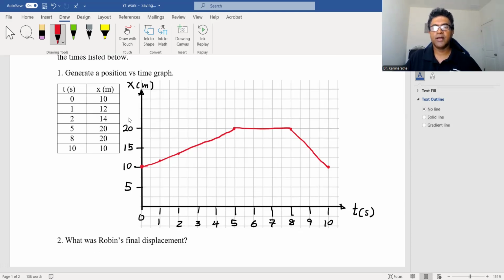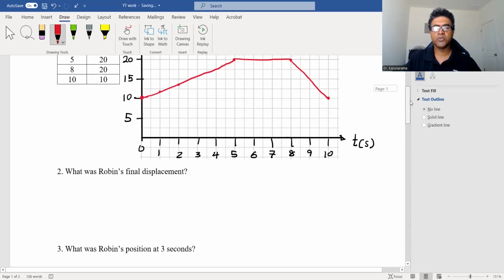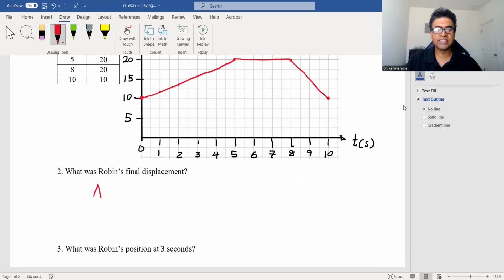Okay, so the next part, part 2: what was Robin's final displacement? Displacement is defined as delta x equals the final position minus the initial position. Let's look at the final position.